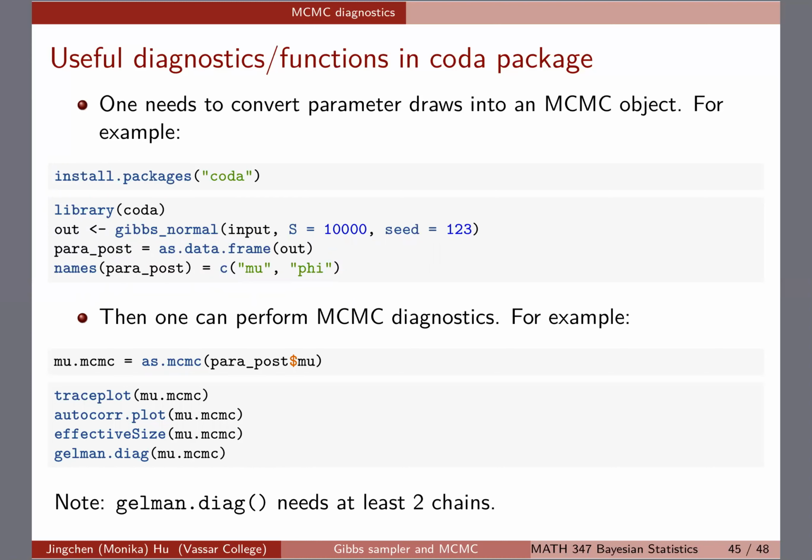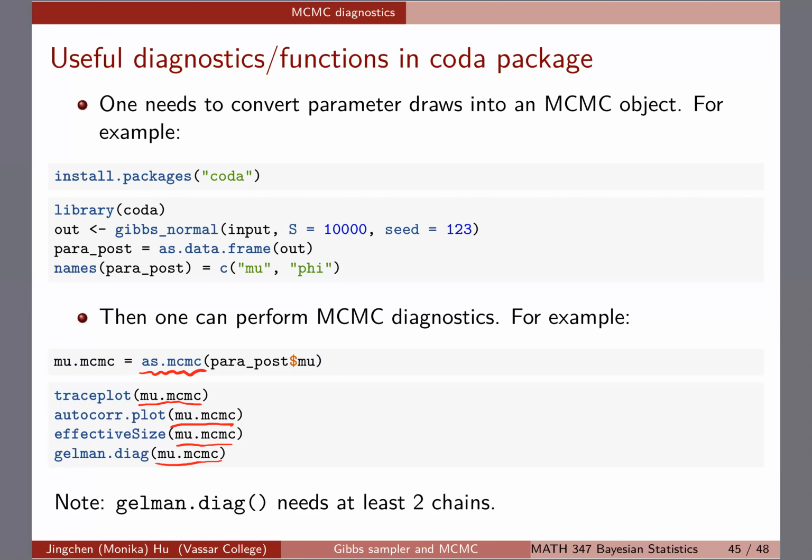You use as.mcmc, a function to put your draws into an MCMC object, which is a requirement for the CODA package. Then you just use this as the input to all of the functions that we just covered.